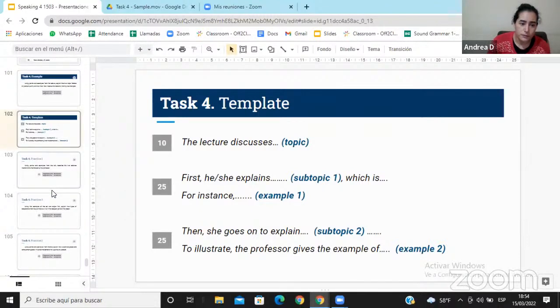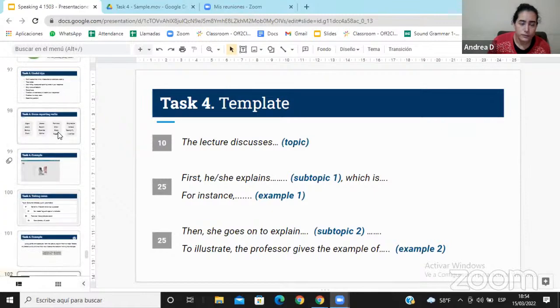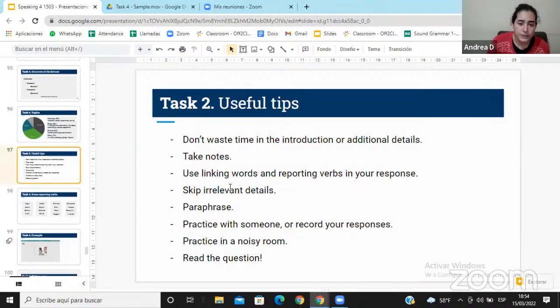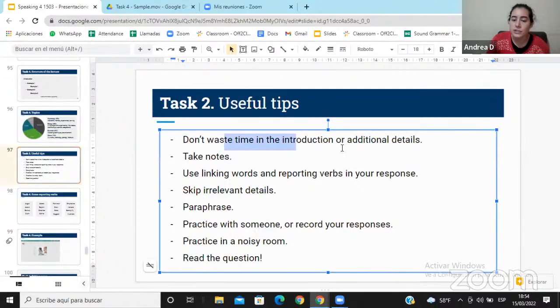Okay, guys. Any other question? Okay. I don't know what other tips I can give you. I think this is everything that I already mentioned. Try not to waste your time too much in the intro or additional details. Take notes, use those transitions and reporting verbs. Maybe this is what Rodrigo was mentioning, right?